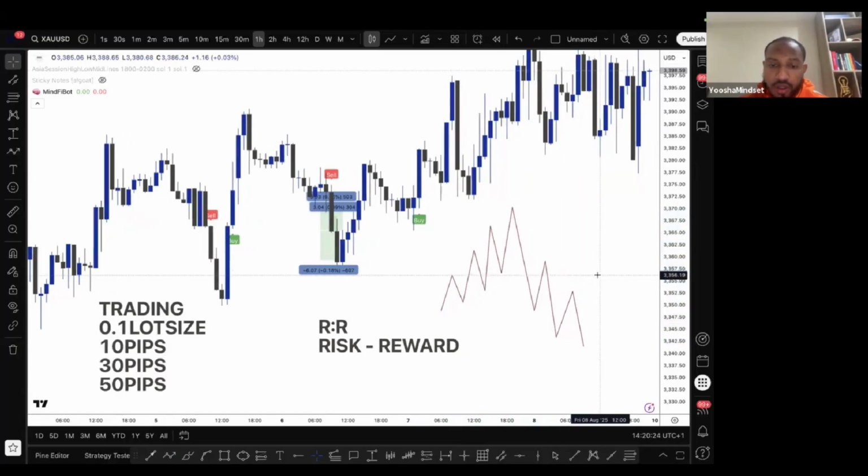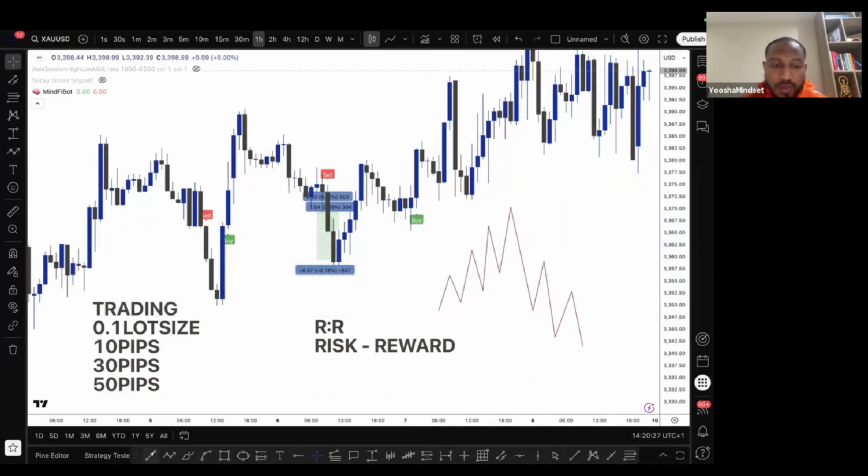So stop loss based on structure simply means for each position you open, you have your stop loss beyond that structure. If you are selling here, your stop loss should be above this lower high. If you're buying around this price level, your stop loss should be below this structure.